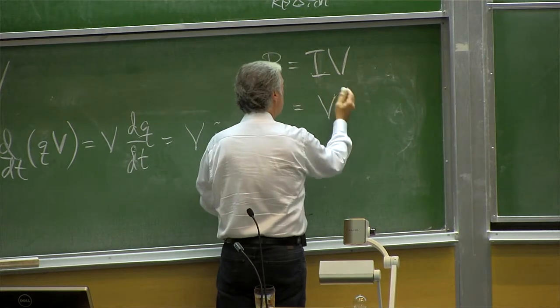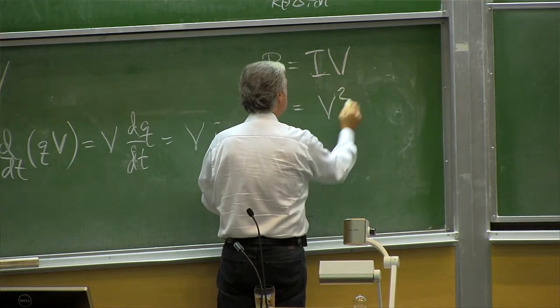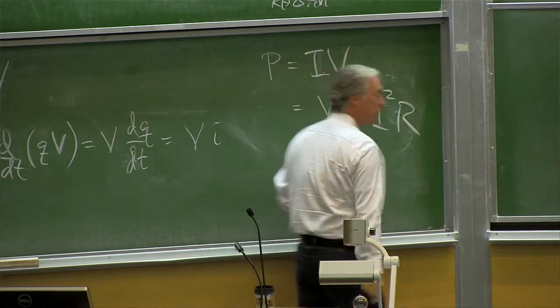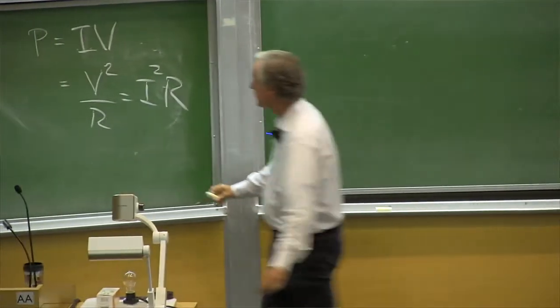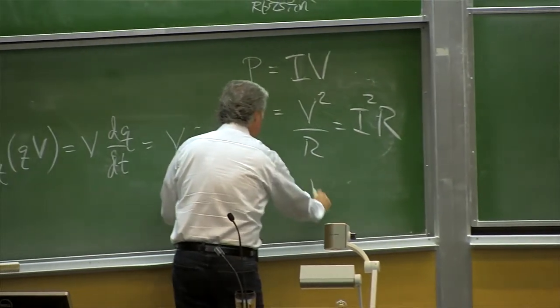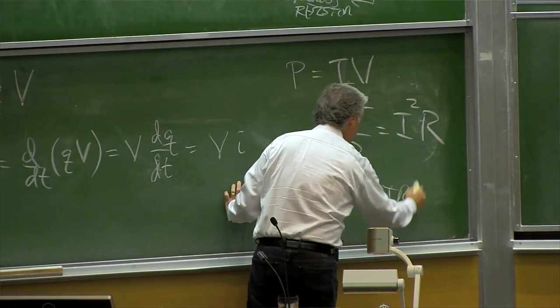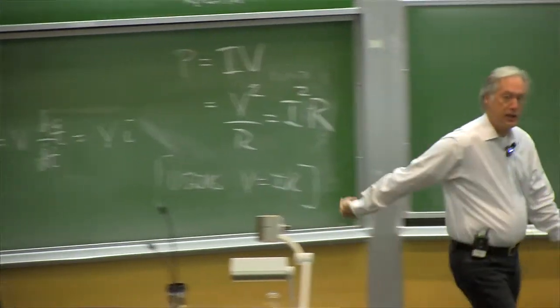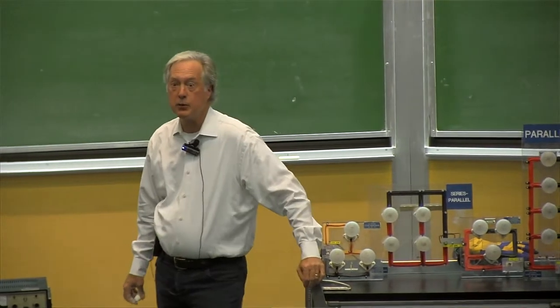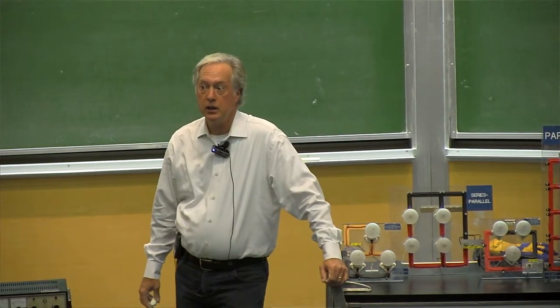Or if you replace V using V equals IR, you have three different possibilities of the way you can write this. Providing that Ohm's law applies, providing V equals IR, you have these different expressions for the power.